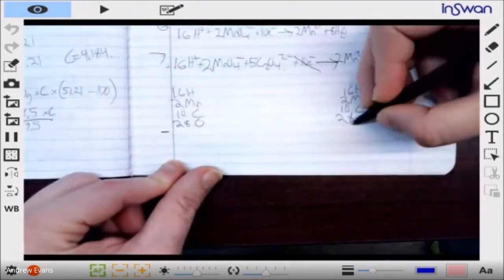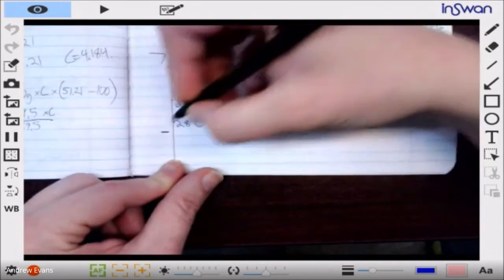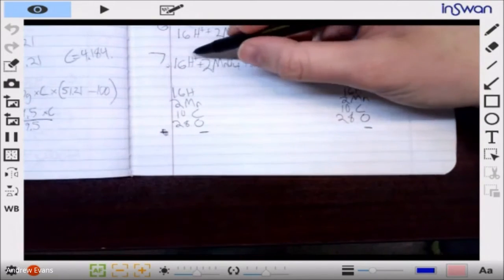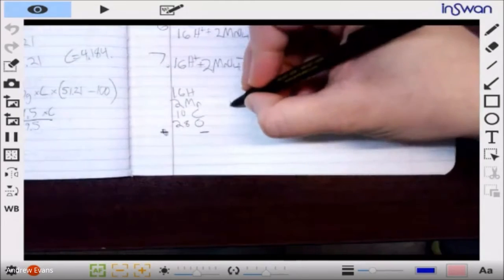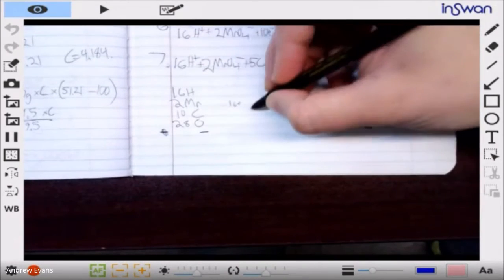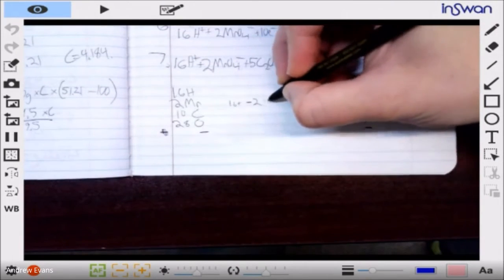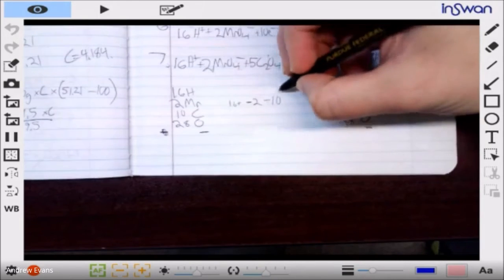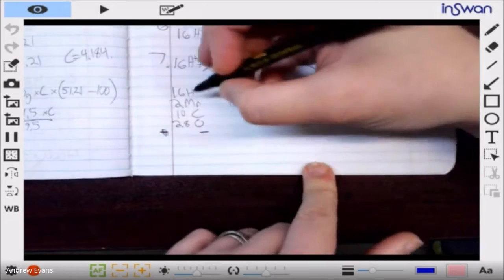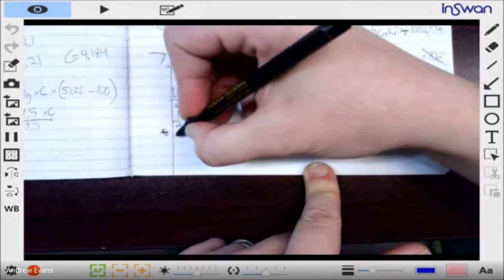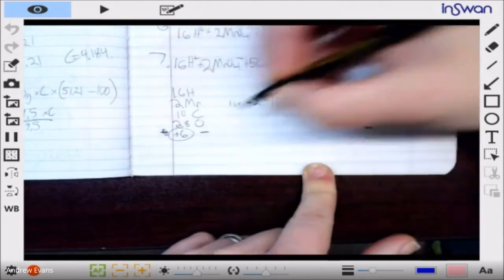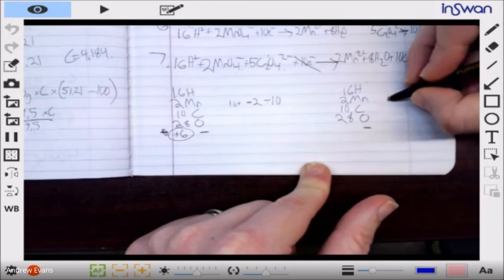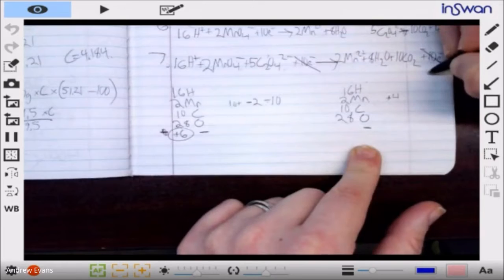And here's the last thing. For the charges, what is the total charge? 16 plus, 2 minus, 10 minus. The net charge here is positive 6. That's 2 times 2 is 4 plus. What did I do?